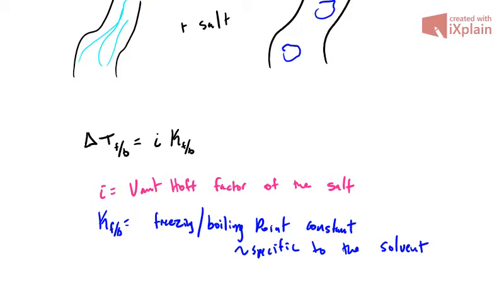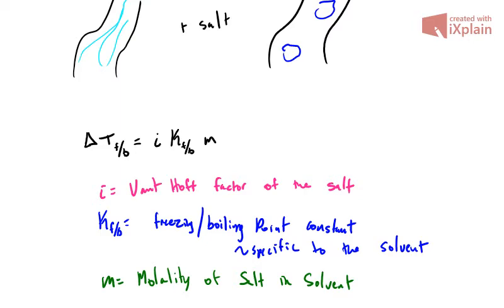Okay. So that freezing/boiling point constant is specific to what this salt is being dissolved in. Okay. And then lastly, M, the molality. M is the molality of salt in solvent. Okay, that's all you need. That's everything in these calculations.